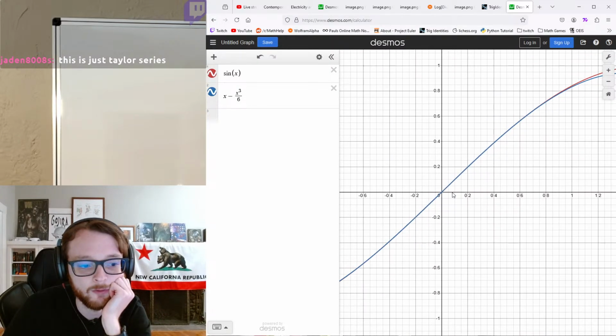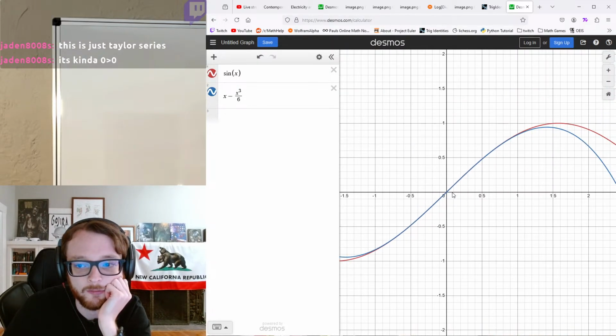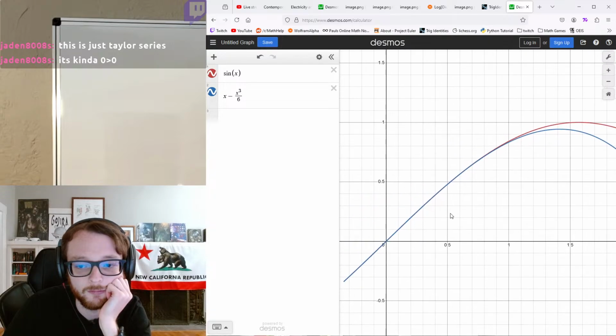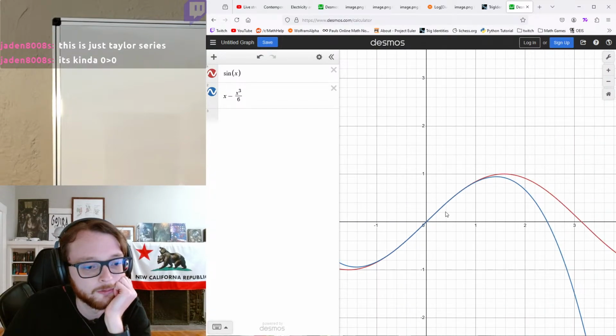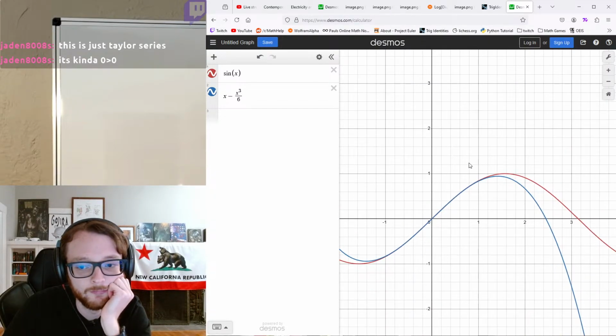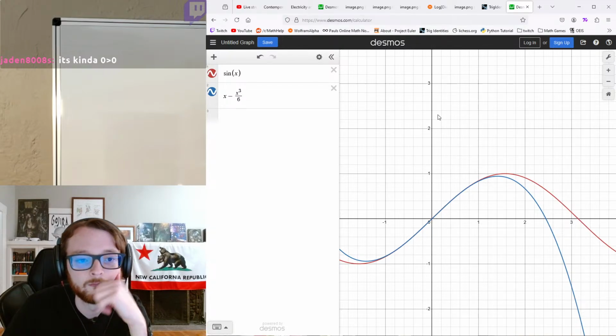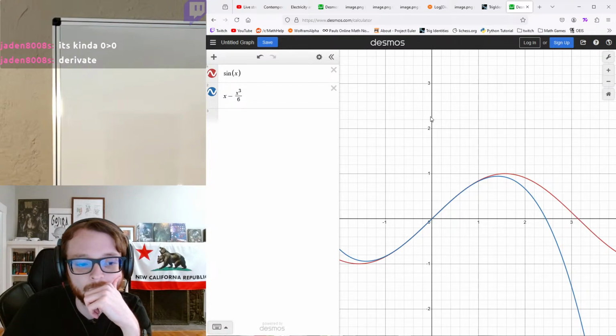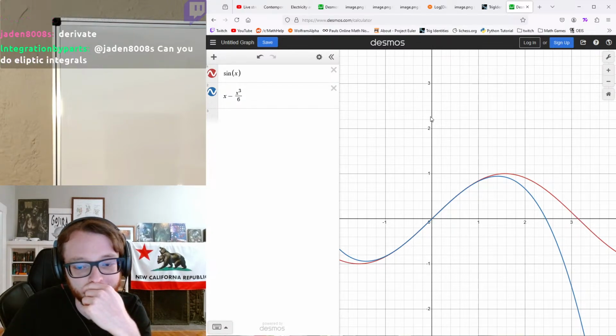I mean, how do you prove that's an under approximation though, Jaden? To me, that's kind of the key thing here. Take the derivative?